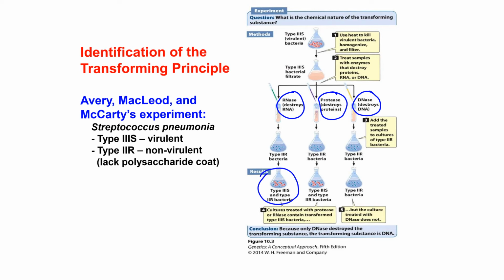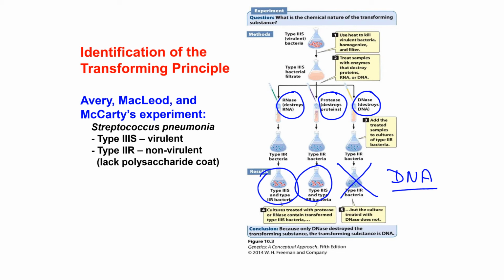However, what destroyed the pathogenesis of the transforming principle was DNase. What does it suggest? Once you destroy DNA, the transforming principle does not work anymore. These results were published and provided very strong evidence that the transforming principle, which carries genetic information, resides in DNA.